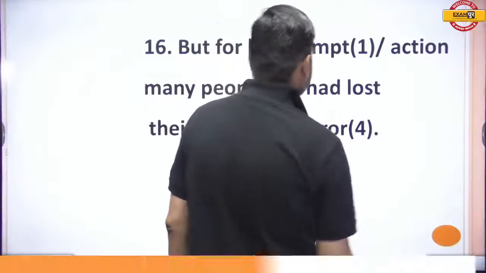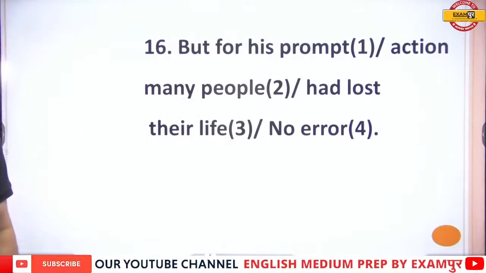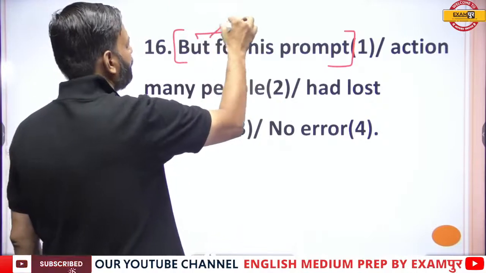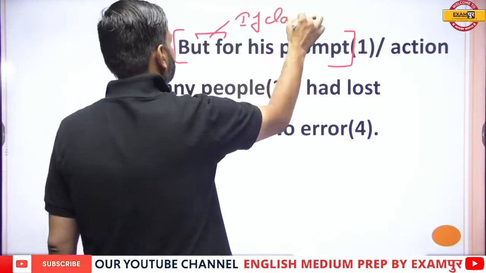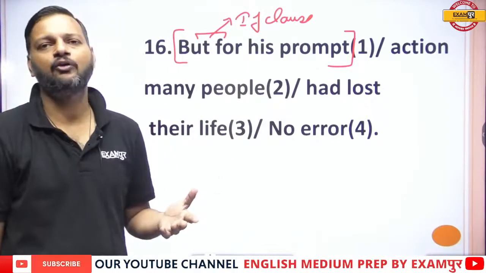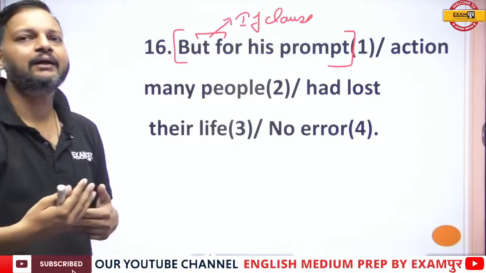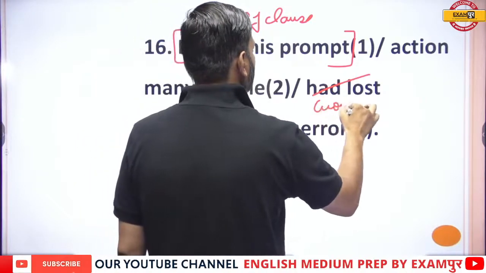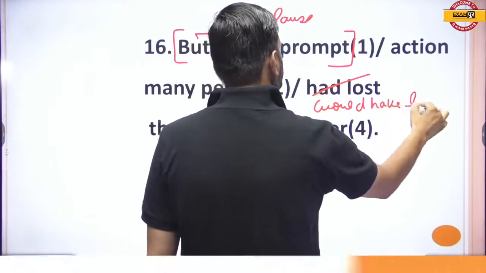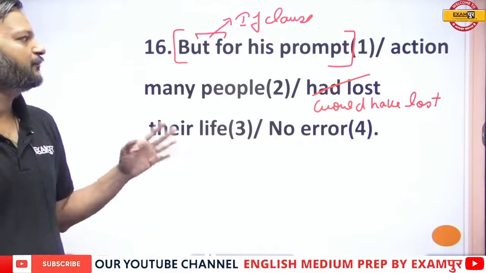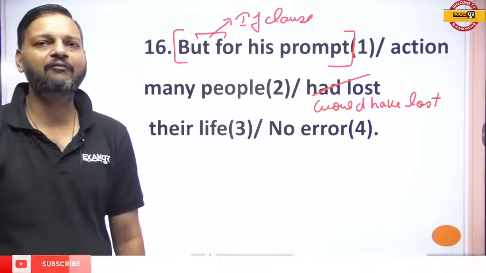Let's see the next sentence. But for his prompt action, many people, this but for also refers to if clause. Whenever a sentence starts with but for, it is an if clause, and if clause is followed by would or would have. So here in place of had lost, you have to write would have lost their life. But for his prompt action, many people would have lost their life.